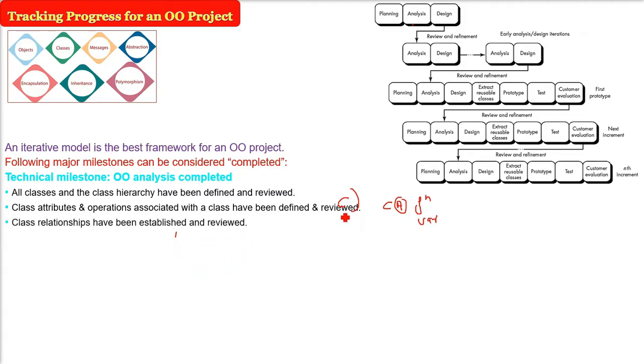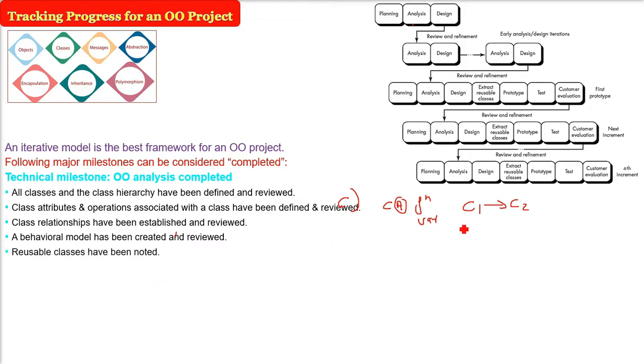Then the class relationships, such as hierarchy, have been established and reviewed. The behavioral model has been created and reviewed, and the classes which we are reusing have been noted down. So this marks the completion of the first milestone.